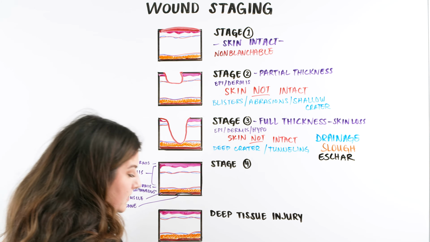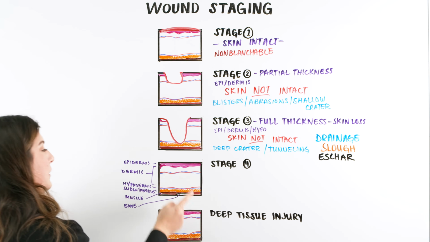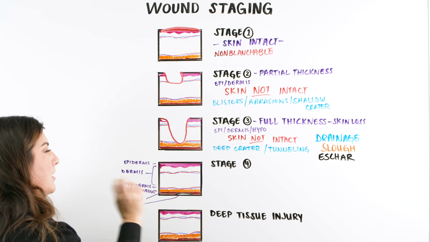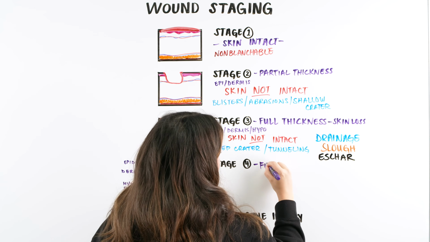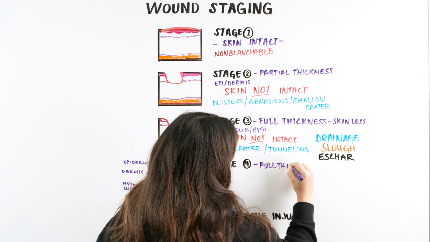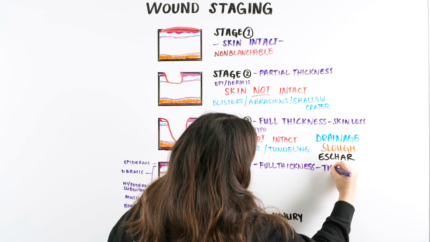And then we move into a stage 4. All right, and we talked about the layers in this diagram in particular because stage 4 is when we go into our full thickness again with tissue loss.